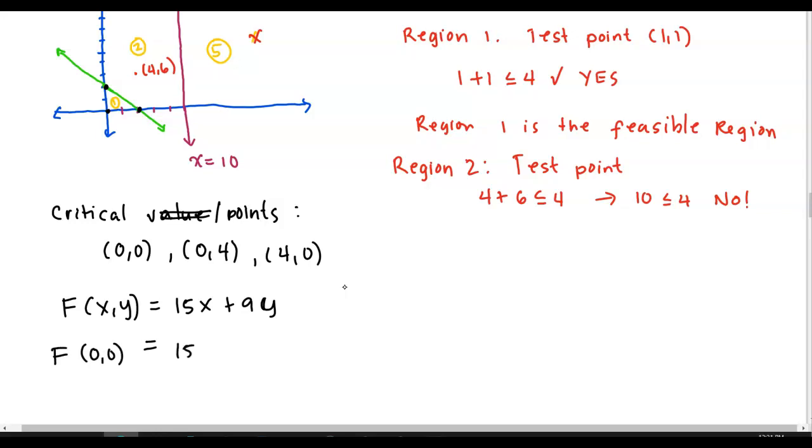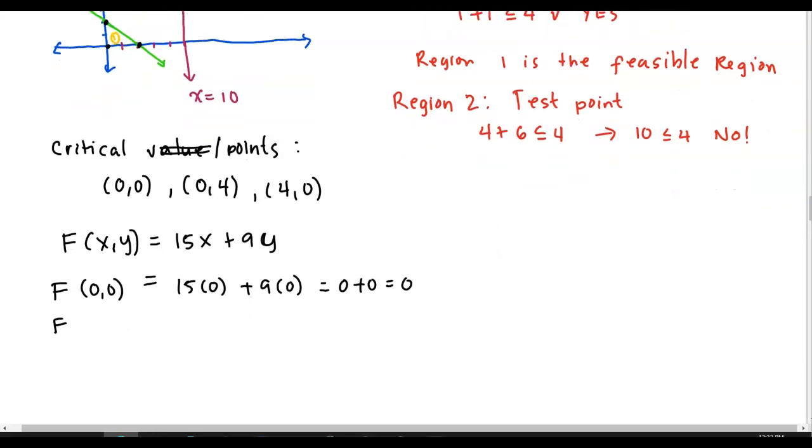We have 15 times 0 plus 9 times 0. 0 plus 0 is equal to 0. Next, let's evaluate f of x, y at the point 0, 4. So 15 times 0 plus 9 times 4. 15 times 0 is 0, 9 times 4 is 36. So therefore, the value here is 36.